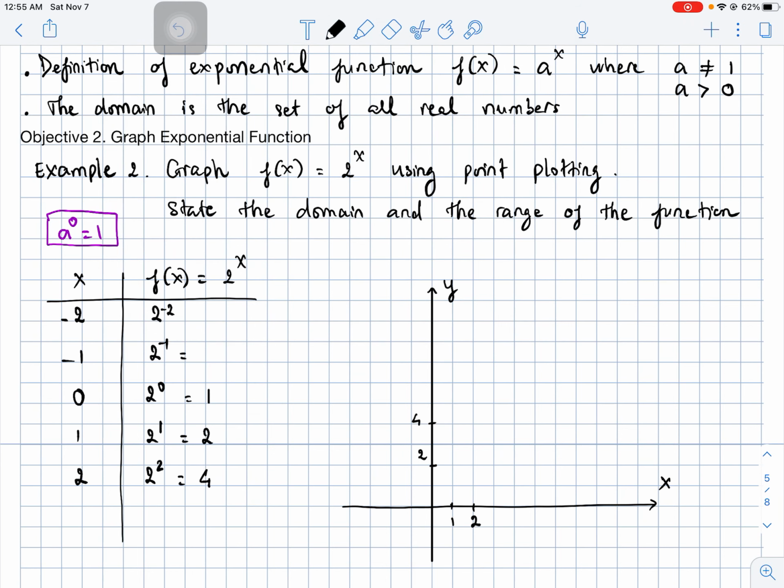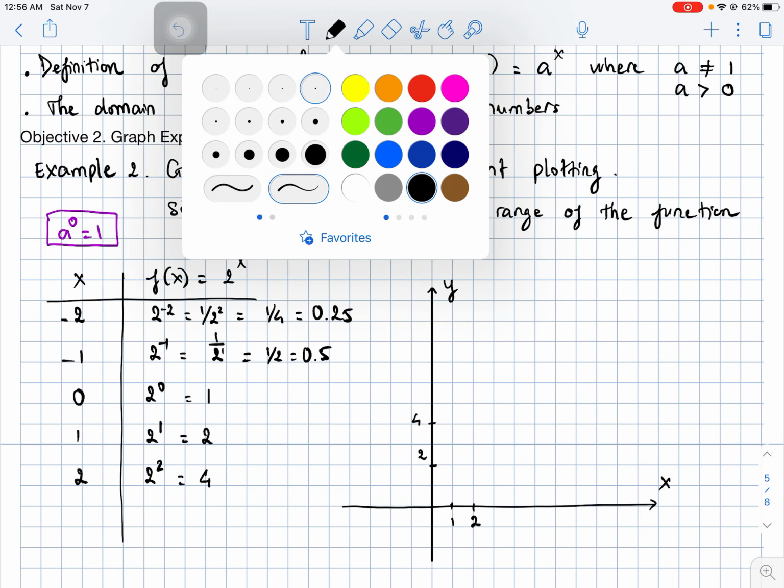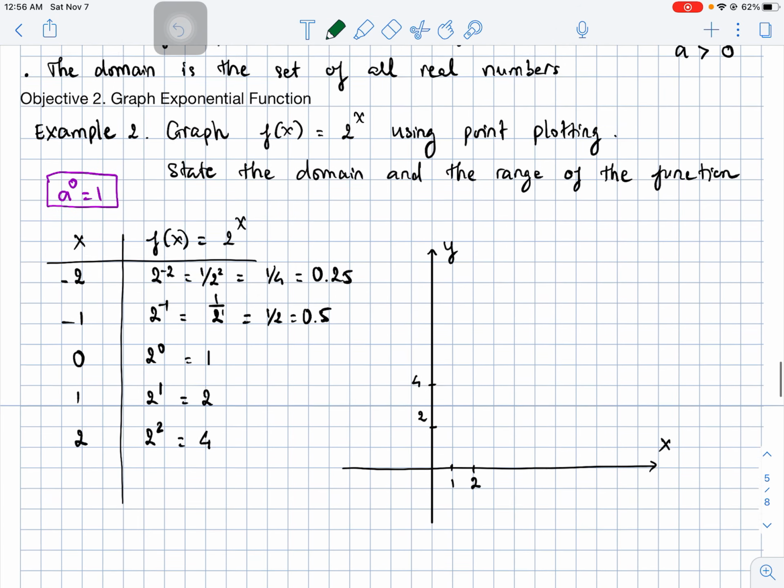And 2 to the negative 1 is equal to 1 over 2 to the 1, and that is 1/2. And it's equal to 0.5. 2 to the negative 2 is equal to 1 over 2 squared, and then we got 1/4. 1/4 is 0.25.